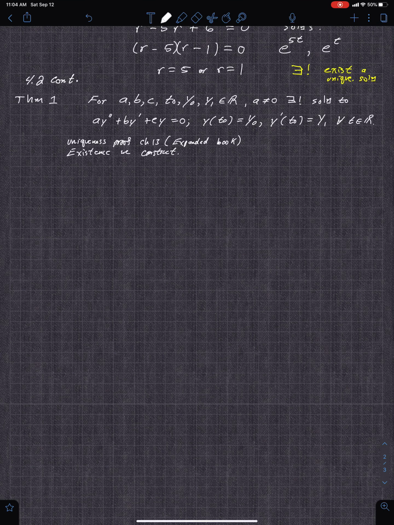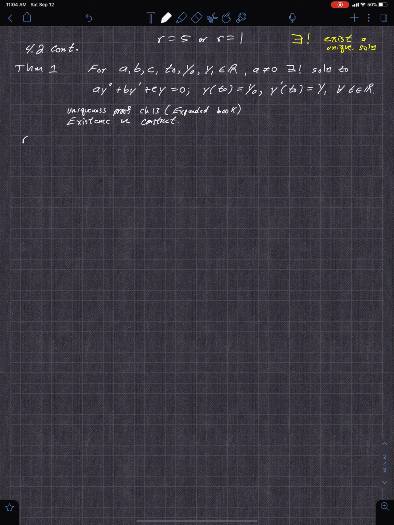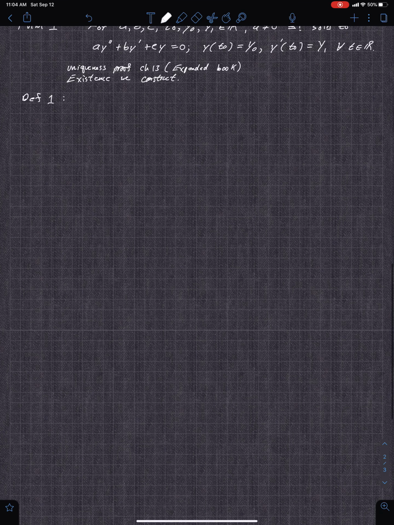Let's look at the next definition. Definition 1. Oops. Let's try that again. This is talking about linearly independent and dependent functions. We've already talked about that a little bit.